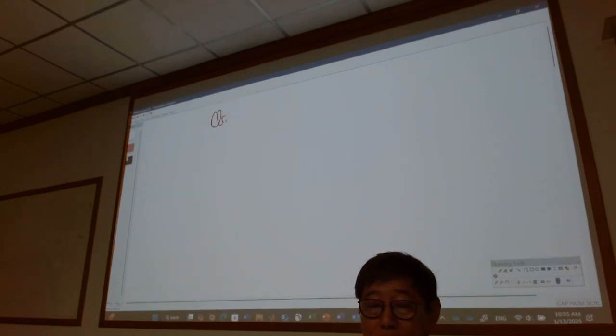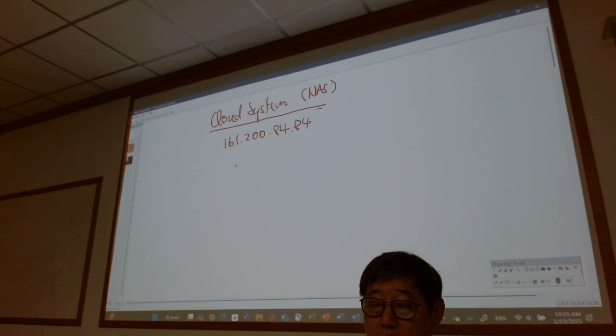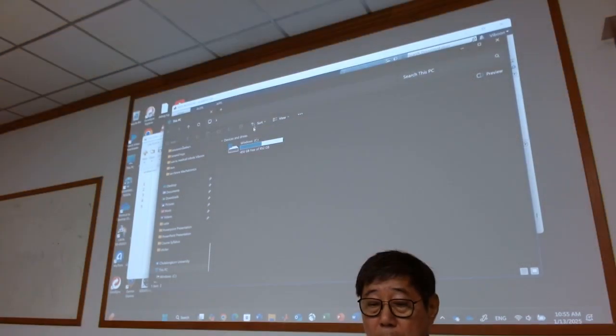My own cloud system, which is actually a NAS, network attached storage. The server is... okay.